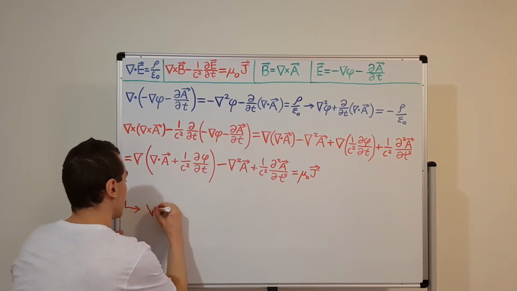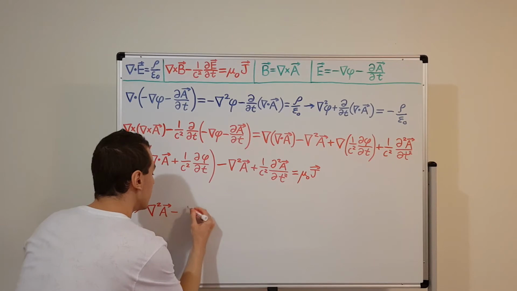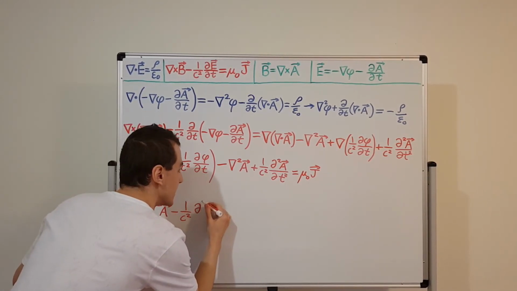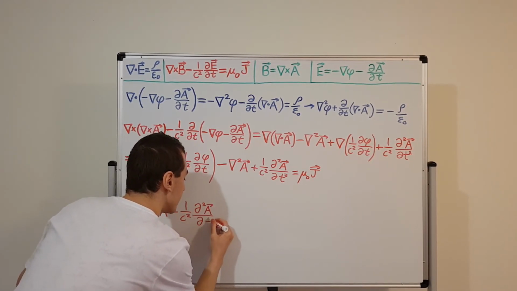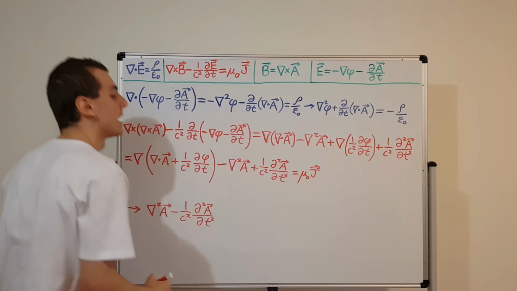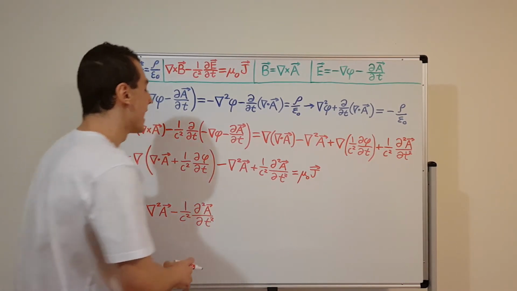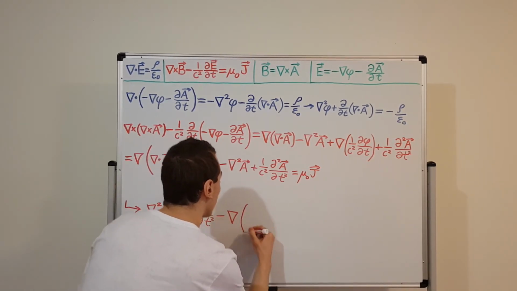We're going to have the Laplacian of A minus 1 on c squared times the second derivative of A with respect to time. And this is a partial derivative. And so this is going to be equivalent to the D'Alembert operator acting on A. And then we're going to have to subtract from that the gradient of all of this stuff over here.